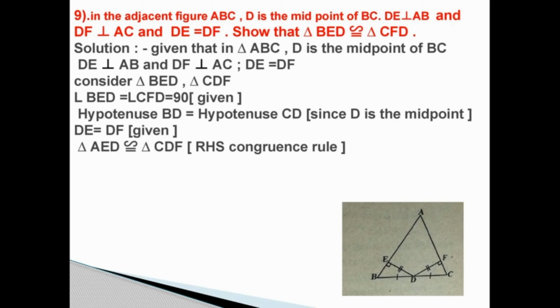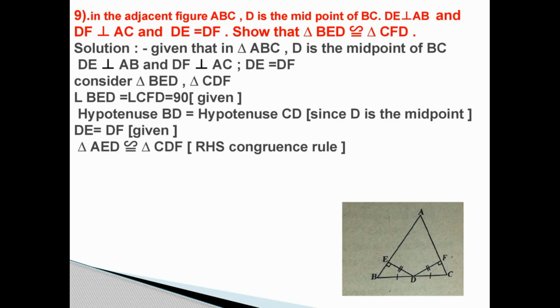Hypotenuse BD is equal to hypotenuse CD since D is the midpoint of BC. Therefore, DE is equal to DF, given. Therefore, triangle BED is congruent to triangle CFD by RHS congruency rule.